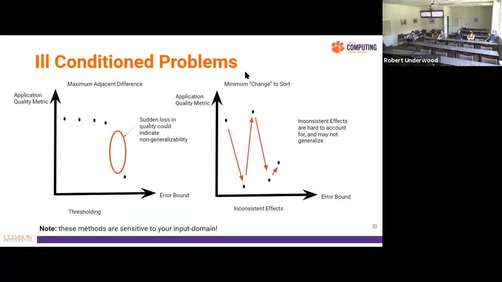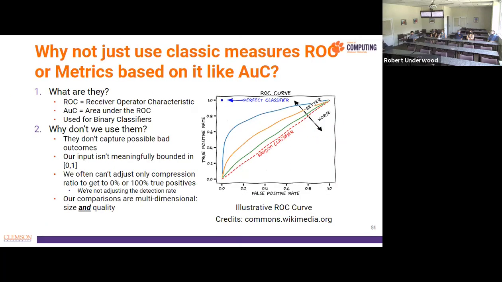So in our paper, we discussed two metrics for identifying these: the maximum adjacent difference, where we look at adjacent points and find the maximum difference between them, and the minimum change to sort the points. These are two metrics to identify these kinds of ill conditioning in the problems.